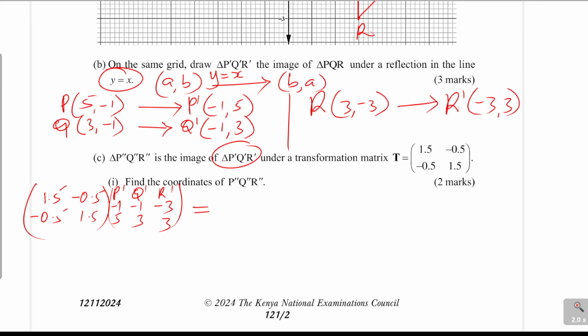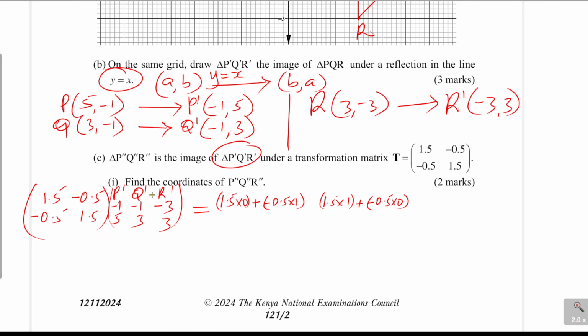So for this part, we start with the first row on the first column. So you'll have 1.5 times 0 plus negative 0.5 times 1. That is the first row, the first column. We go to the first row, the second column. We shall have 1.5 times 1 plus negative 0.5 times 0.